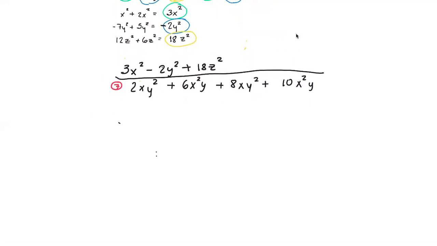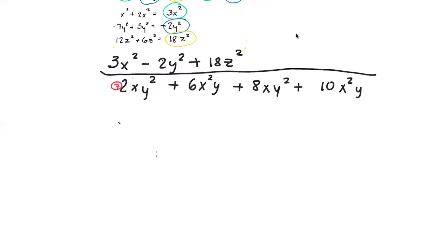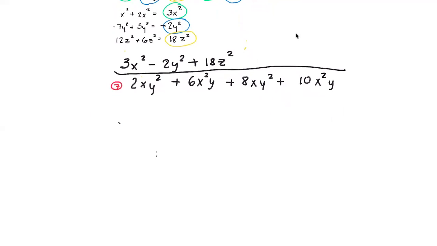Okay, here, if you check my equation number 7, let me see if I can separate it a little bit. No, they are together. Sure. Yes. Is the answer 28x to the second y? No, because there is a slight difference between my terms.